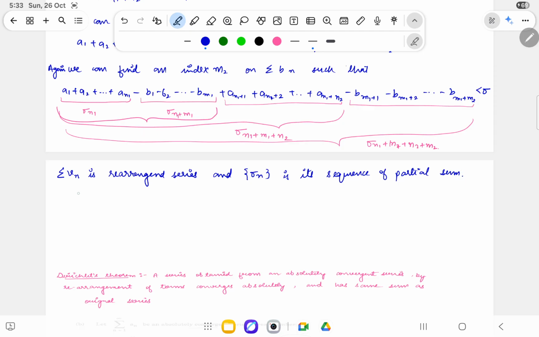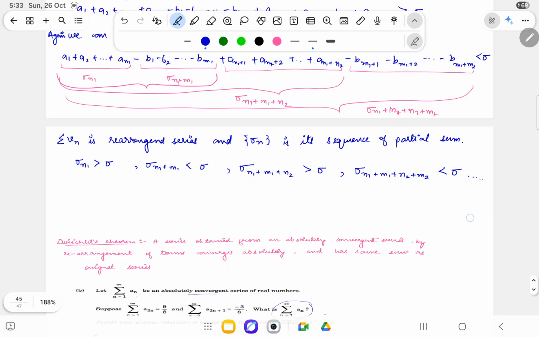If you observe, we got sigma n1 greater than sigma, then sigma n1 plus m1 less than sigma, and again sigma n1 plus m1 plus n2 greater than sigma, and sigma n1 plus m1 plus n2 plus m2 less than sigma, and so on.